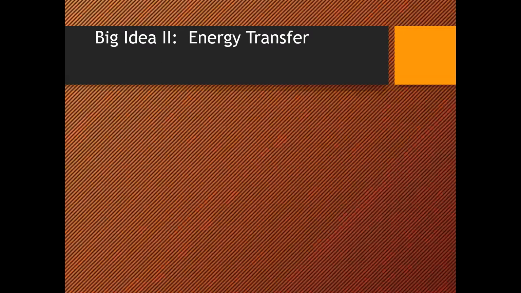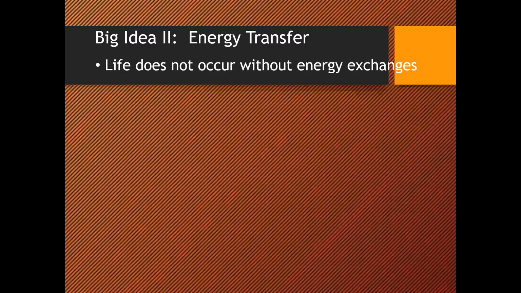The second big idea, and where we go to next, is energy transfer. And energy transfer is all about how energy is produced, how energy goes through different levels in an ecosystem, and what happens to energy when an organism dies.